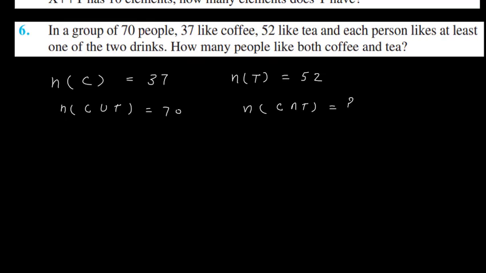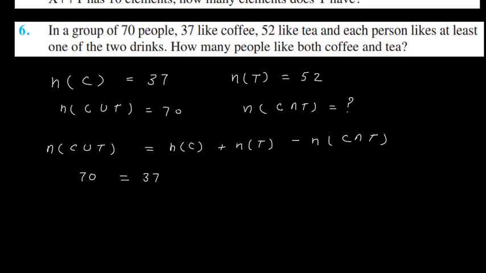This is a question mark. So n of C union T will be n of C plus n of T minus n of C intersection T. So n of C union T, here it is 70. This is equal to n of C is 37 plus n of T is 52 minus n of C intersection T, which we need to find.